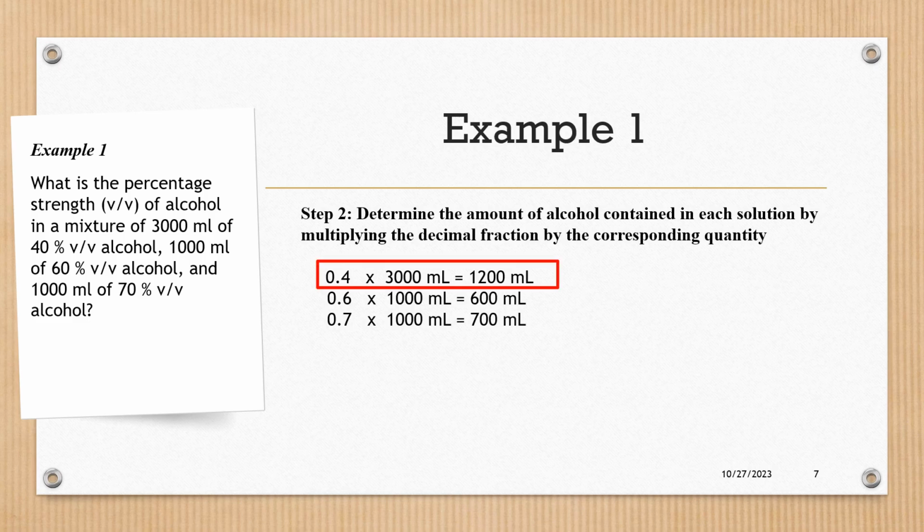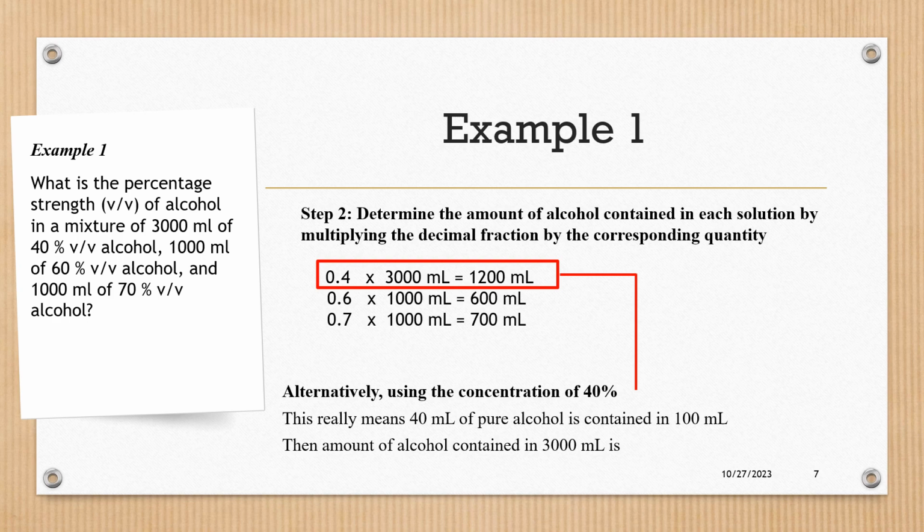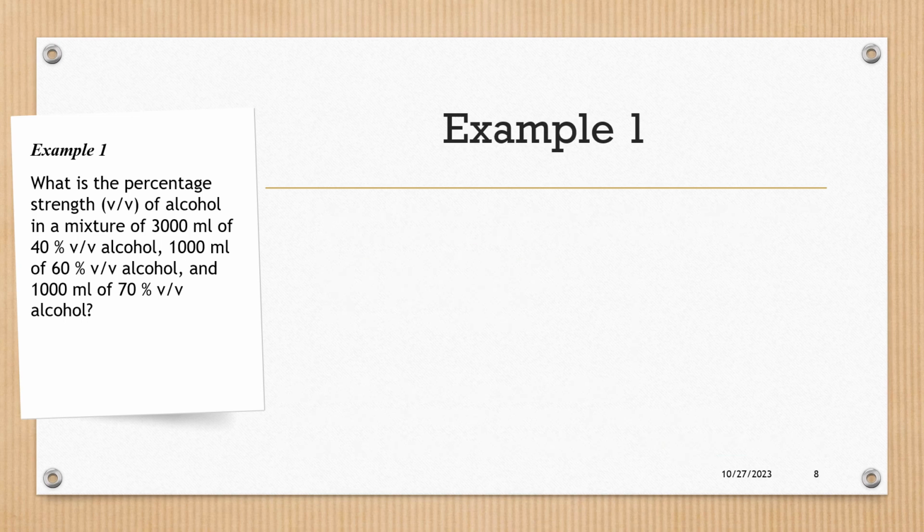In essence, 40% really means 40 ml of pure alcohol contained in each 100 ml that you added to your mixture. So the amount of alcohol contained in the 3000 ml, you can use ratio and proportion here, and you will get 1200 ml of alcohol. You can go ahead and work the rest for the 0.6 and the 0.7 alcohol added to the mixture.